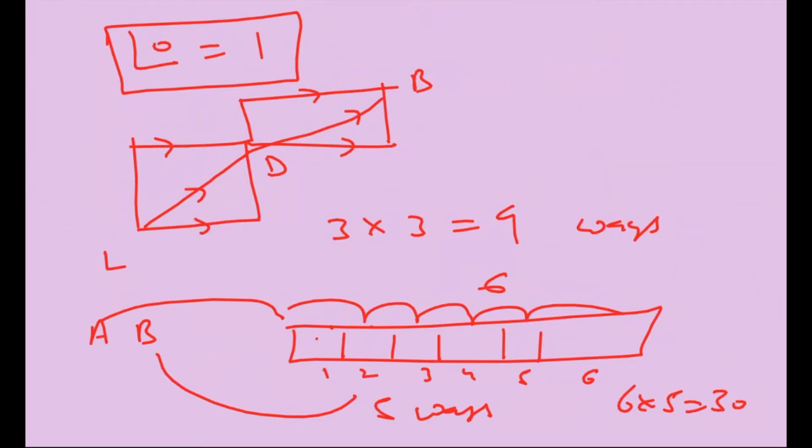Okay, students. Now I want to describe some questions according to this. Before solving some questions, I want to explain some more formulas. What is the meaning of nPr? You have already understood.